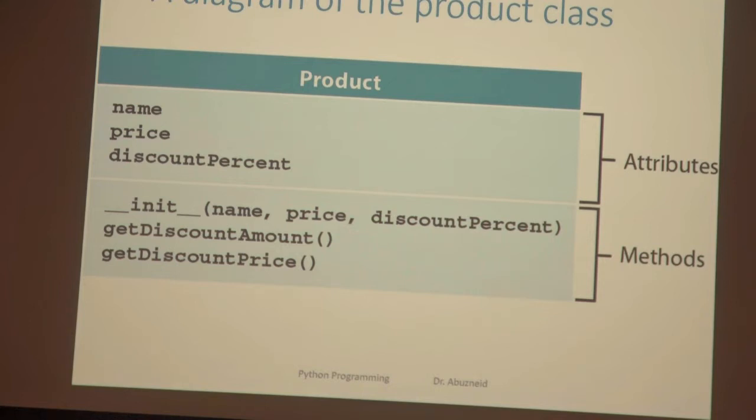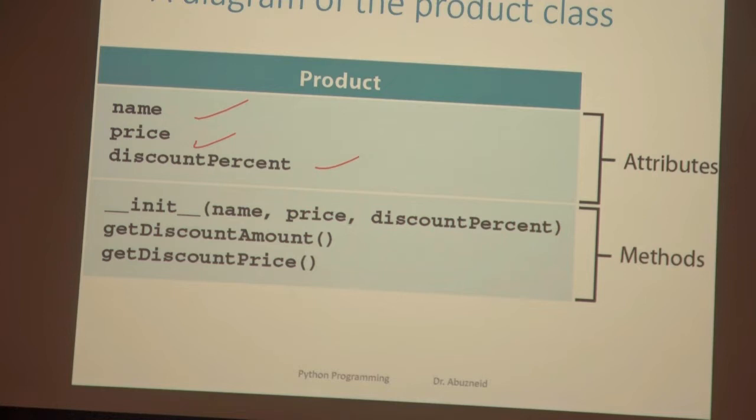So when you talk about a product, what attributes could a product have? It will have the name, so what's the name of the product, right? And the price, and the discount percentage. You have a store, you're going to create a class of product. The product has how many attributes? Okay, this is a product. What are the attributes for this product?